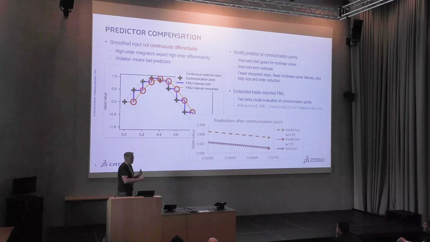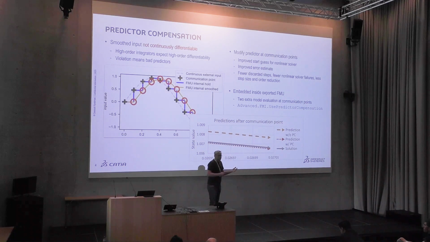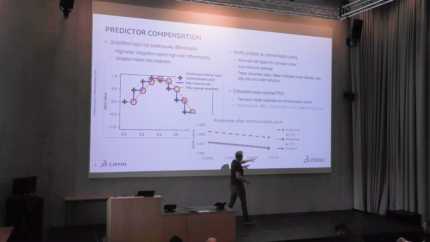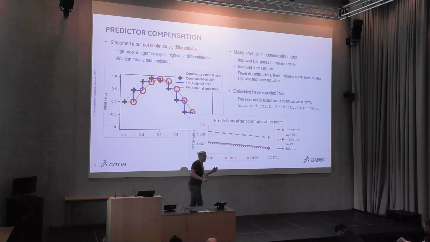So how this works is really that when Sevode takes an internal time step, it first makes a prediction. So that would be the yellow line, for example, and then it makes a correction. This is the Newton solution. And you end up at the solution, and that is the actual time step. If you have bad predictors, it will be difficult for Newton, because Newton wants the prediction as a start guess.